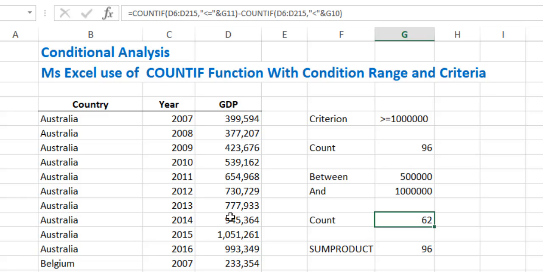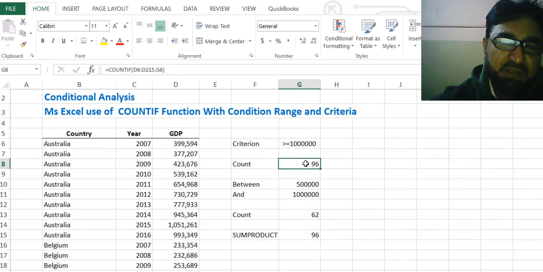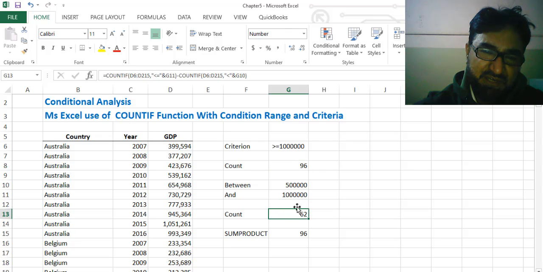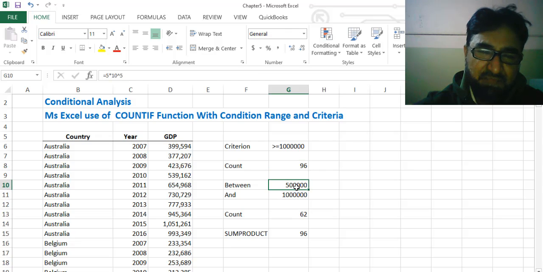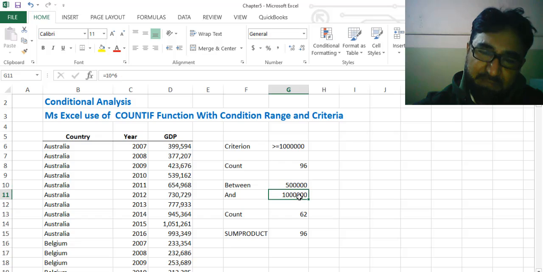the answer is 62. So 96 countries have their GDP equal to 1 million or greater than 1 million, and 62 countries are such that they are qualifying the GDP range of 500,000 to 1 million.